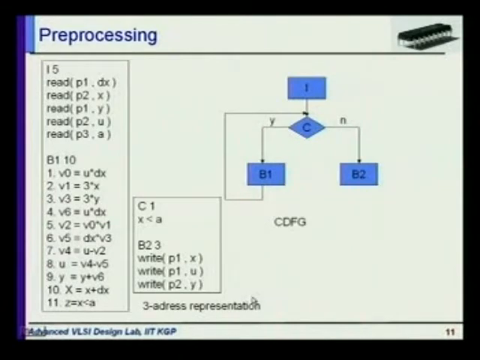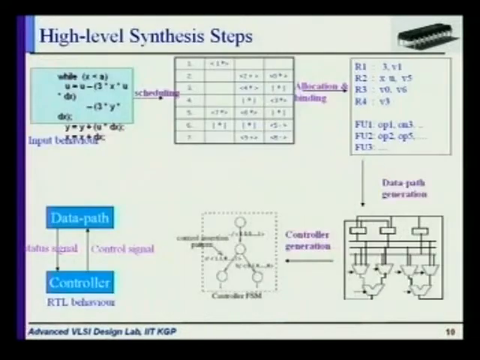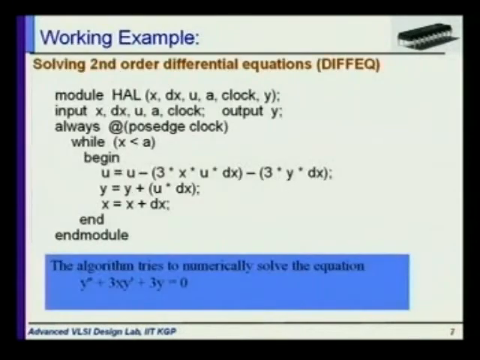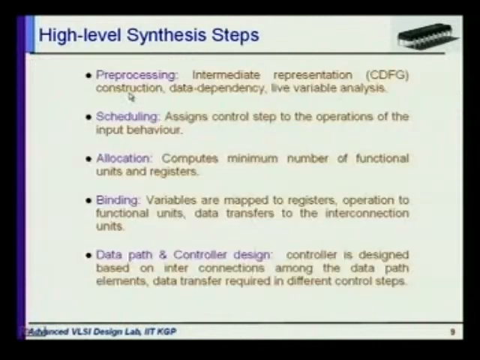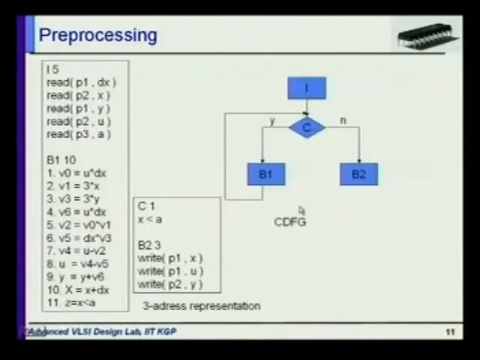Let's discuss the pre-processing steps. The initial behavior is like this, but high level synthesis will start with a CDFG form, the control and data flow graph. It basically consists of a set of basic blocks and some control blocks, and this is the control flow among these basic blocks, and each block will consist of 3 address operations.